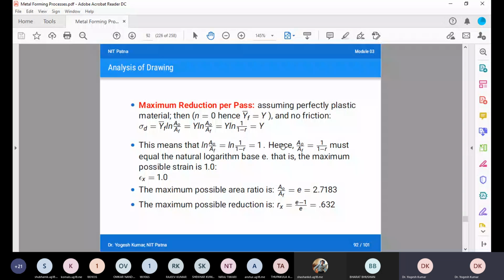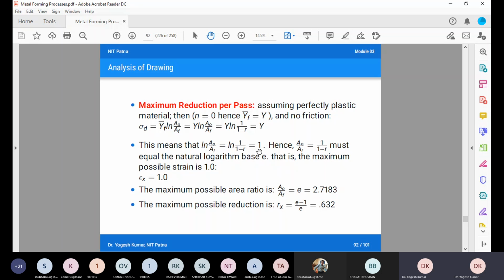Here we can see that A0 upon Af equals 1 upon 1 minus r. This must be equal to e, because natural log of 1 upon 1 minus r equals 1, so 1 upon 1 minus r will be equal to e.